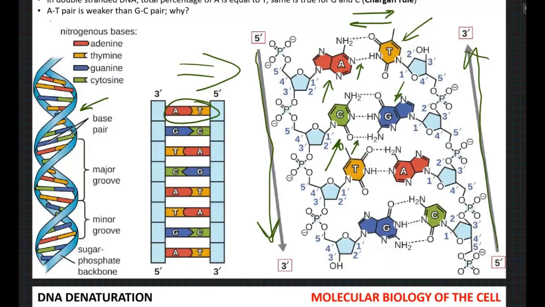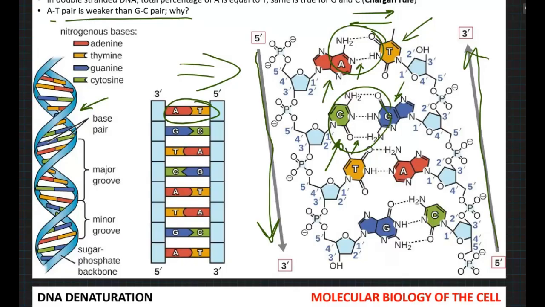So I have a question here. The connection between A and T is weaker than the connection between G and C. Anyone has an idea why? Yes.